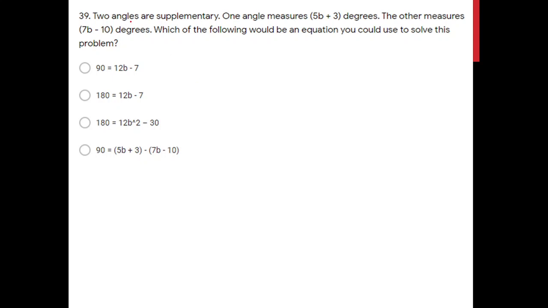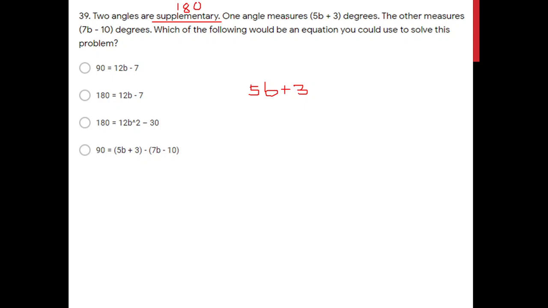another word problem. Two angles are supplementary. Take note, supplementary means they add up to 180 degrees. One angle measures 5b plus 3, so I'll just write it here. The first angle is 5b plus 3. And the other measures 7b minus 10.